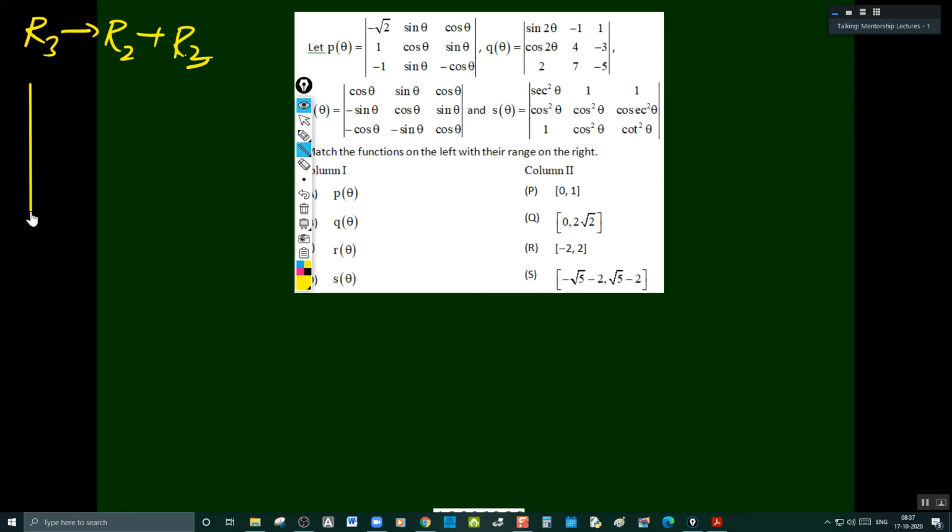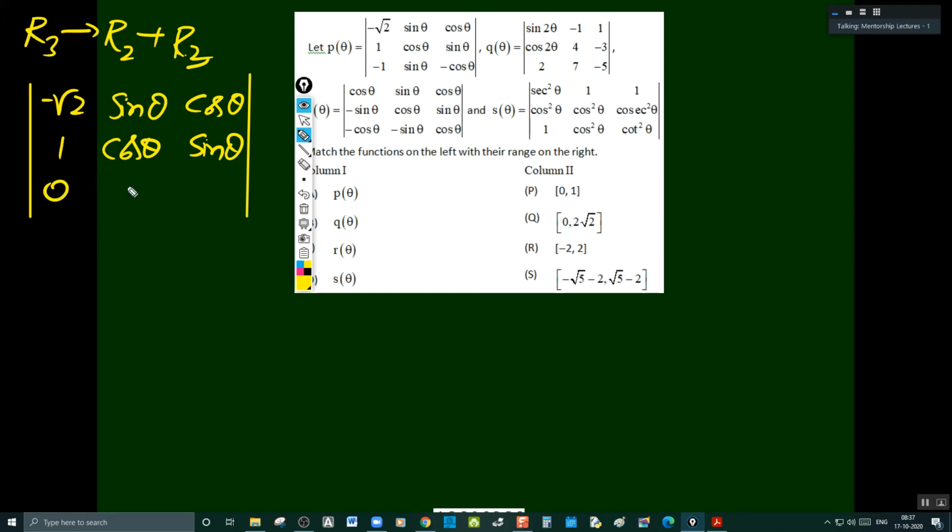So this is minus root 2, sin theta cos theta, 1 cos theta sin theta, this is 0, and this is sin theta plus cos theta, and this is sin theta minus cos theta.